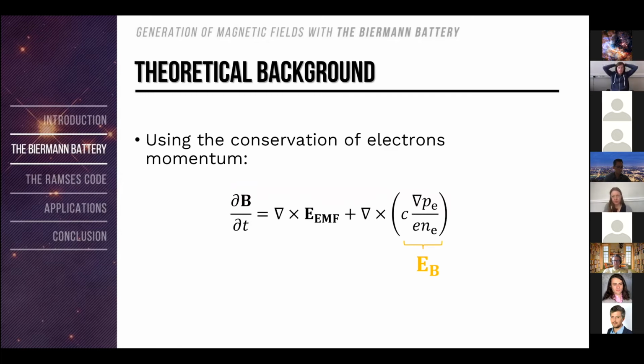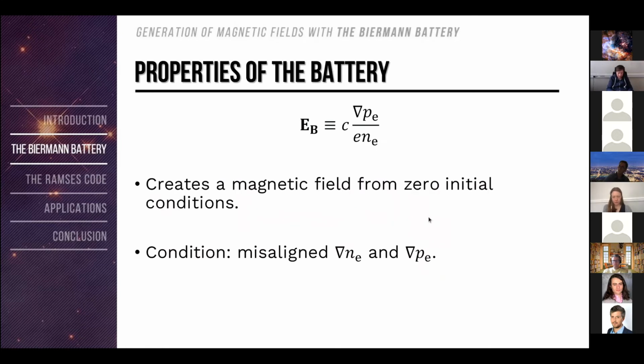Basically, Biermann in the 1950s succeeded in providing such a third term, which depends on the electron pressure and density. The new induction equation, in which we appended this Biermann term, is indeed able to generate a magnetic field from zero initial conditions, as long as the electron density and pressure gradients are misaligned.